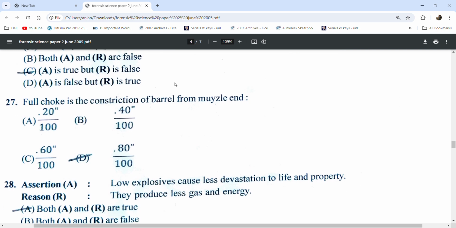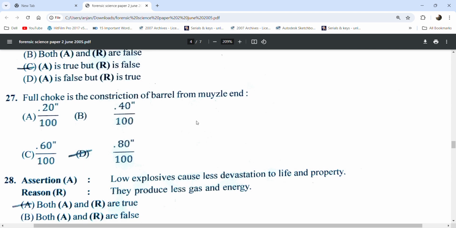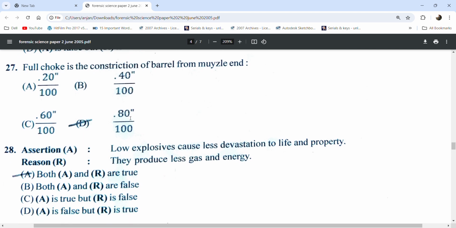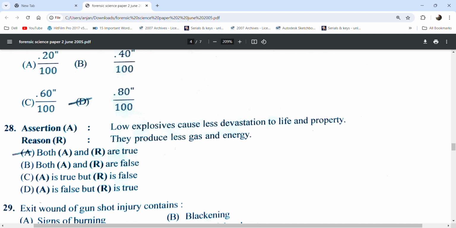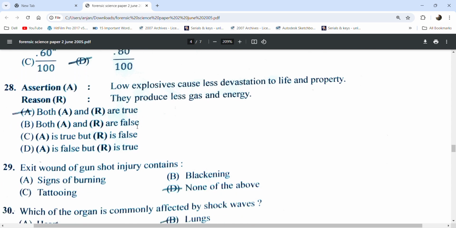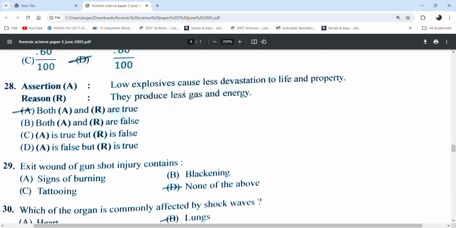Choke is the constriction of the barrel at the muzzle end. 12 bore, 0.80 inch by 100. Assertion A: Low explosives cause less devastation to life and property.